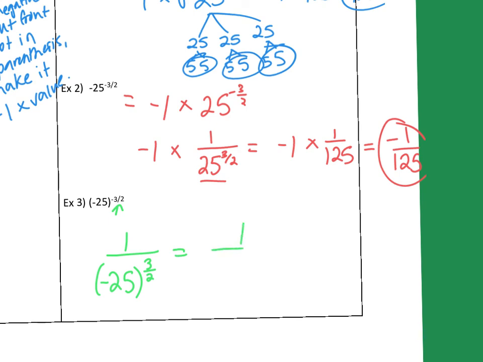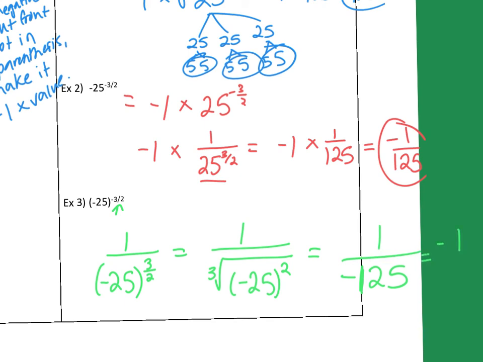So now I've got 1 over the cubed root of -25 squared. Yep, so that's going to end up being -125 since there's a negative there. Do we all understand that? Okay. So this is still going to end up being the same answer as the one before. -1 over 125. Okay, homework.